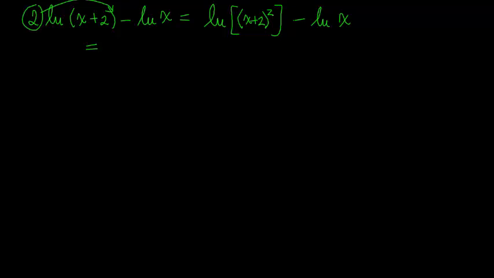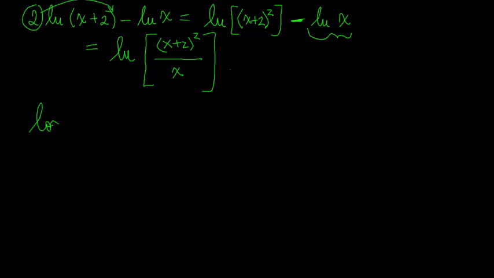Now because I have an operation of minus here, the second term is going to be written in the denominator. So now I have a single log, and inside that log I will have the parentheses x plus 2 squared divided by x.